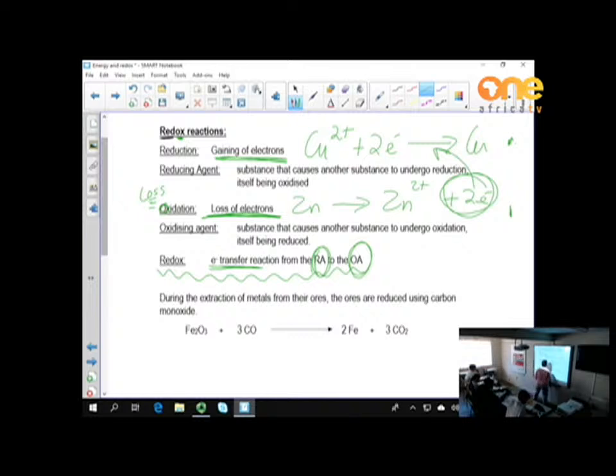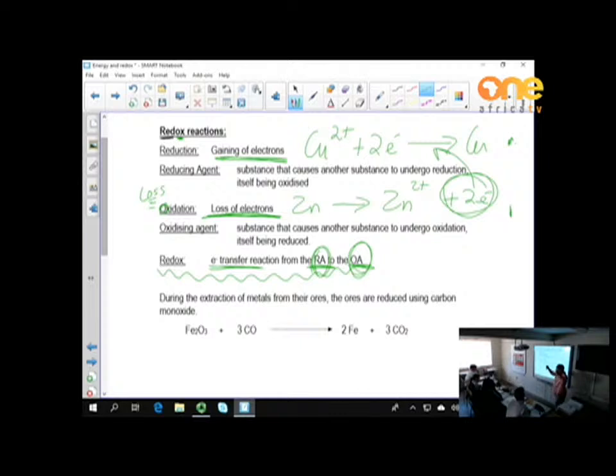Now we differentiate with the terms reducing agent and oxidizing agent. The oxidizing agent is a substance that causes something else to undergo oxidation. In this reaction that I've got over here, the copper is the oxidizing agent because it causes the zinc to give off its electron.